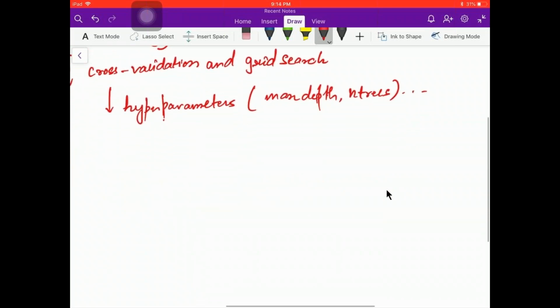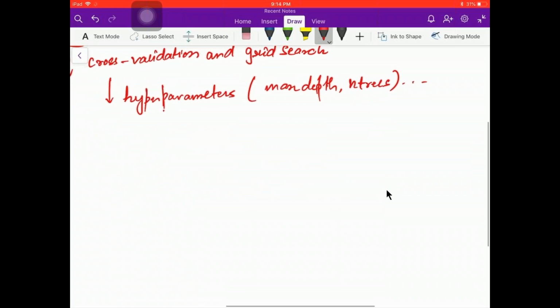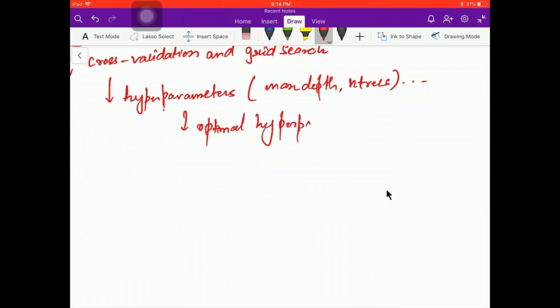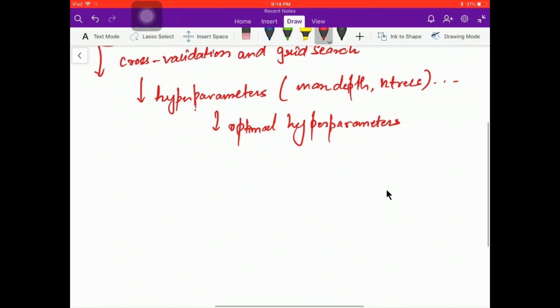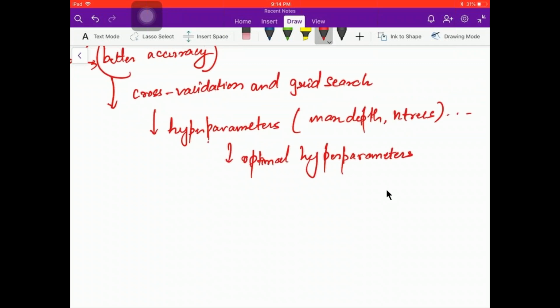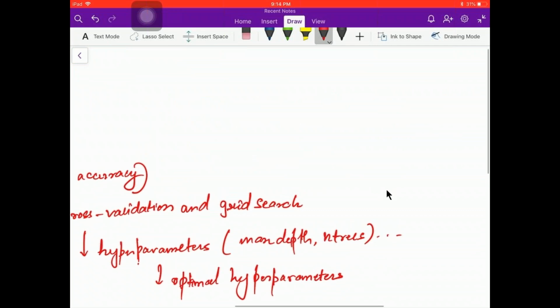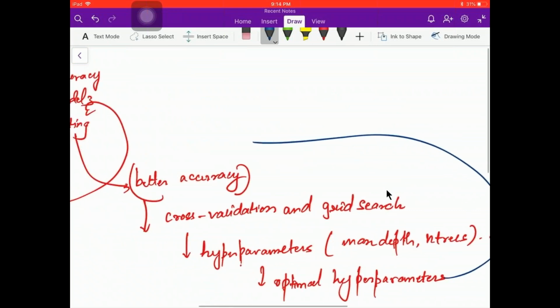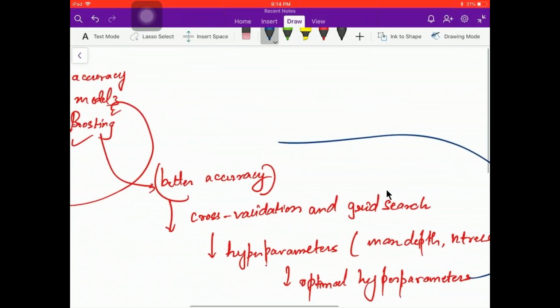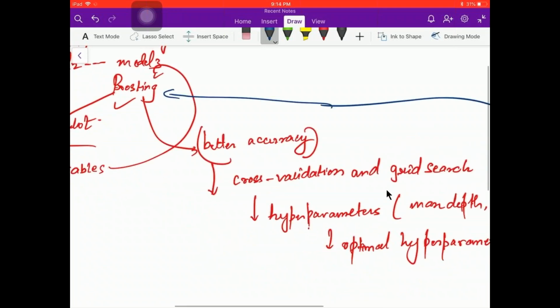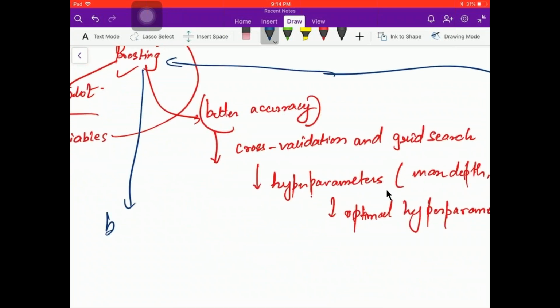After you get the optimal hyperparameters, you feed this back to your model, and then you get the best accuracy.